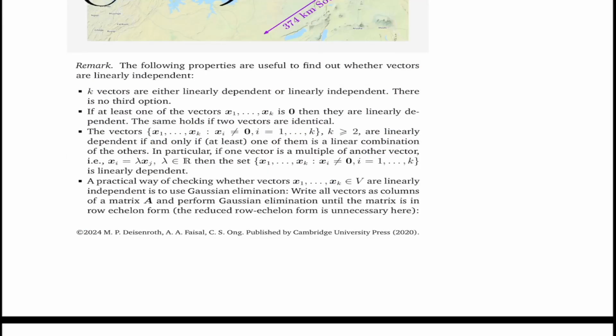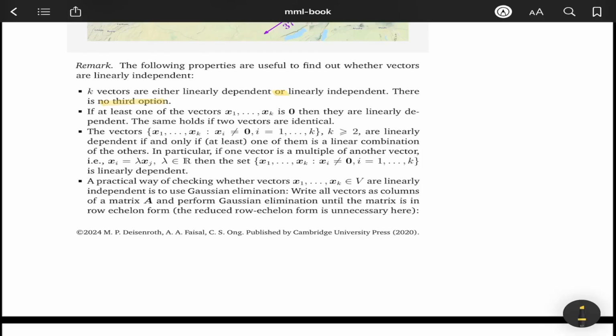The following properties are useful to find out whether vectors are linearly dependent. K vectors are either linearly dependent or linearly independent. There is no third option. Okay, it's an or. If at least one of the vectors is a null vector, or two vectors are identical, they are linearly dependent.